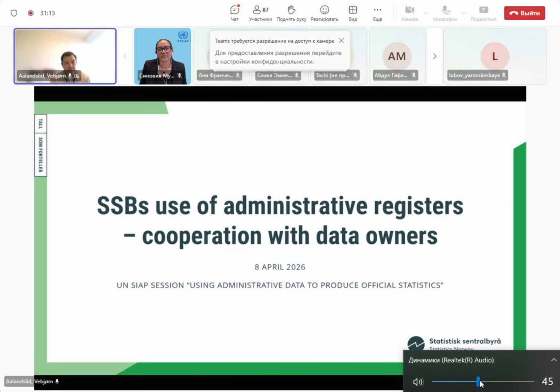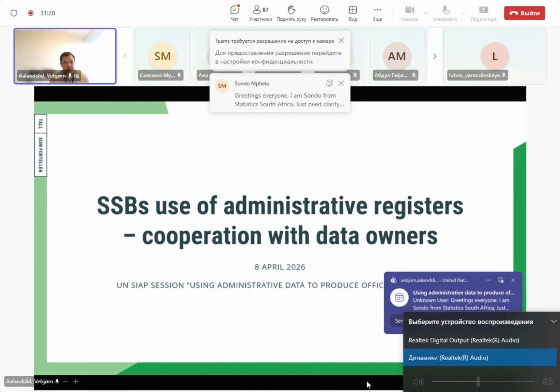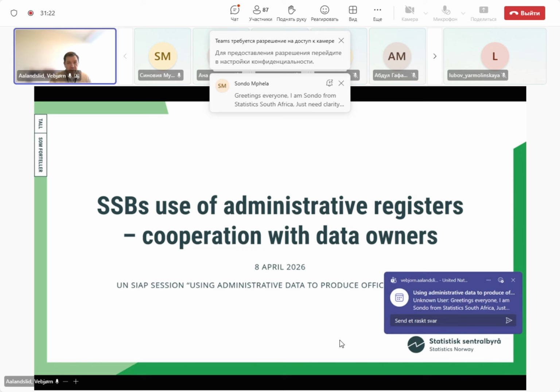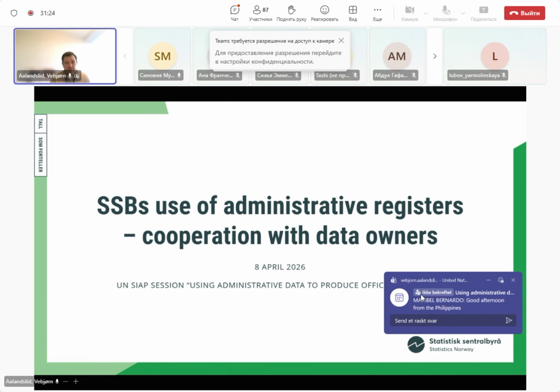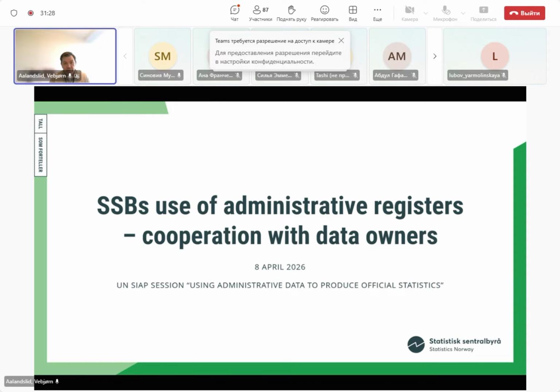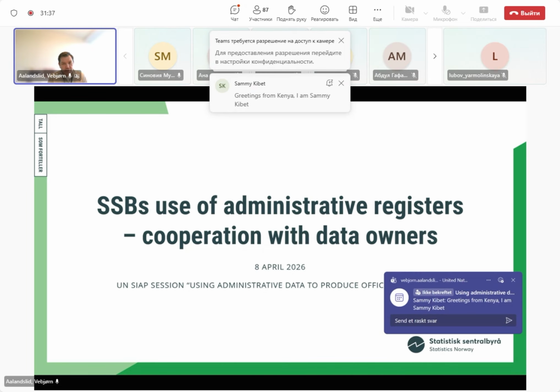What I will do for the next 10 minutes or so is talk about the Norwegian specific experience in using different administrative registers to produce official statistics. And I'll say a little bit about how we cooperate with the data owners. I first must say that this is one way of doing it.